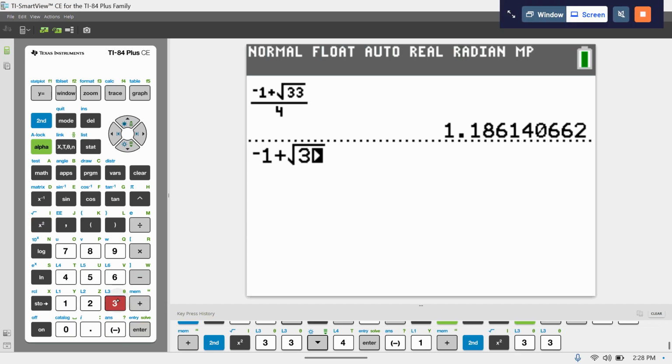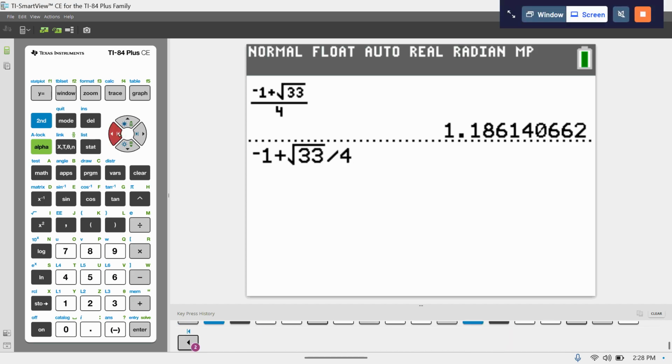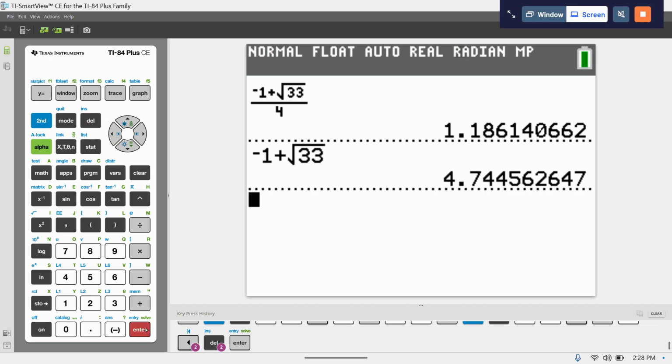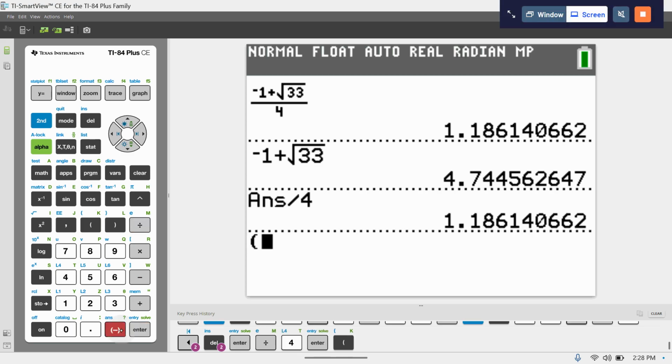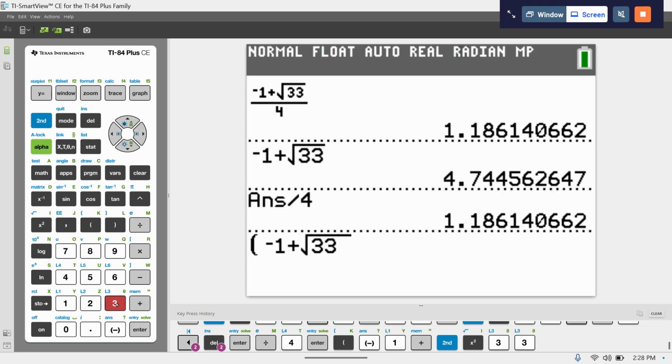If I type it like this, it's wrong. You're going to get the wrong answer because your calculator will only do radical 33 over the 4. Remember how the whole thing's supposed to be divided by 4? So you either have to type just that part and then divide it by 4, or you could put parentheses around this so your calculator understands it has to do that first, because the whole thing has to get divided by 4.